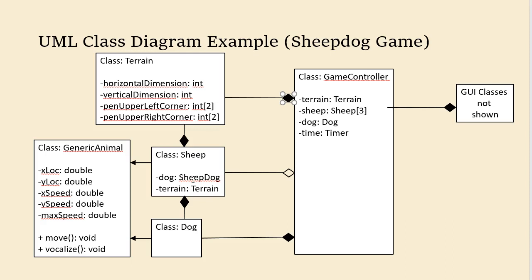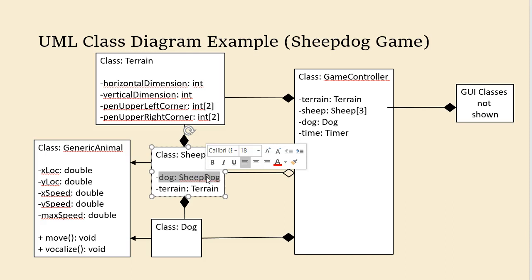Or we can let the sheep actually have its own dog class, and then we don't create 2 dog objects, we only create 1. We create a dog object up here in the game controller, and then the game controller sets the dog object in the sheep class to the same thing.